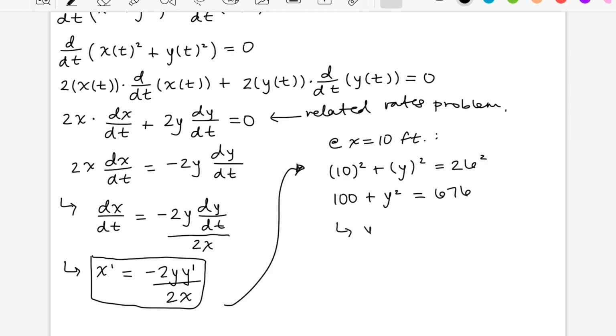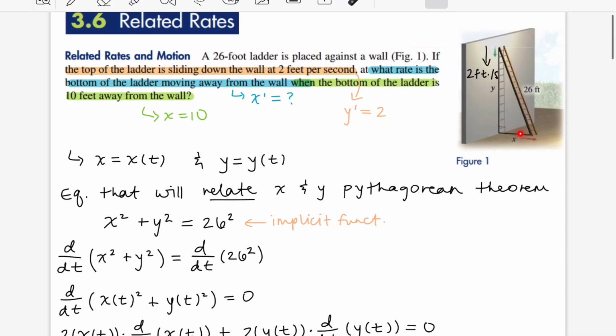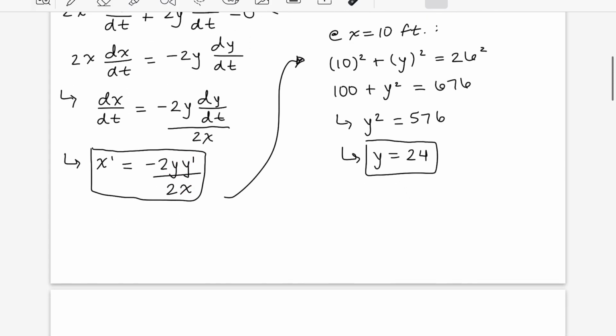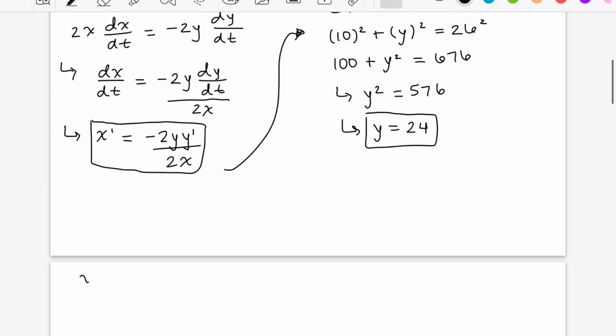Then taking out 100 from both sides, we'll get 576. And then taking the square root on both sides, we'll get 24. So this means when the bottom of the ladder is 10 feet away from the wall, this distance y here is going to be 24 feet. And so now we have y prime, y, and x. We can plug this into our equation and get our answer.